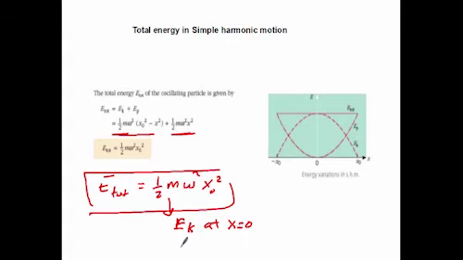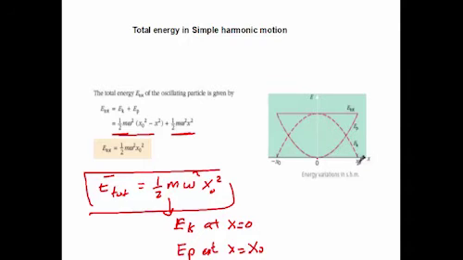And it also gives the value for potential energy at maximum displacement when x equal to x naught here. So this is the curve for potential energy, where the energy is equal to 0 at equilibrium point and maximum at x equal to x naught.